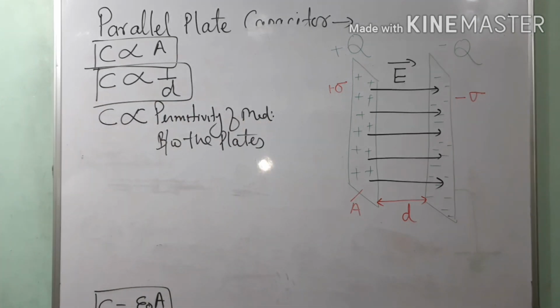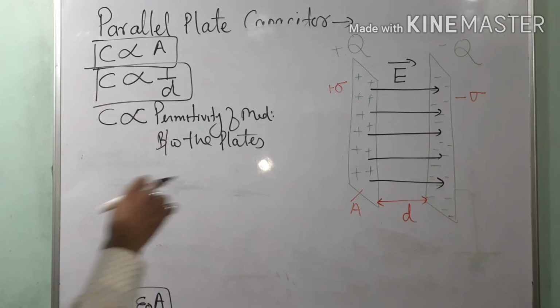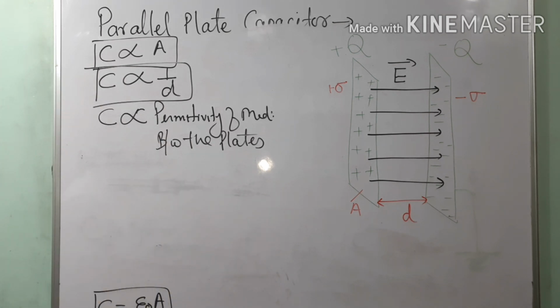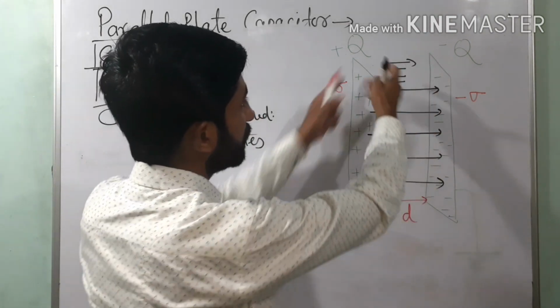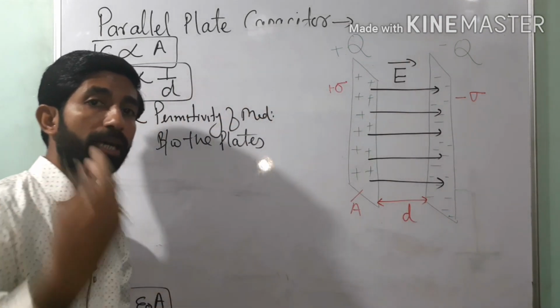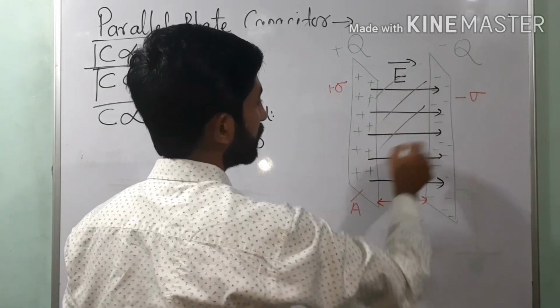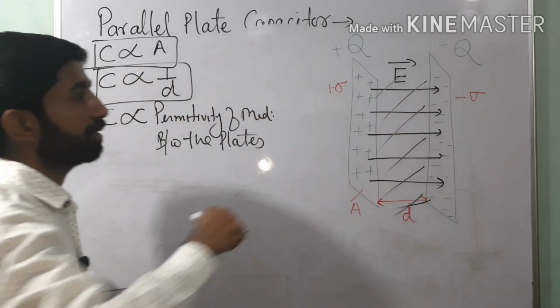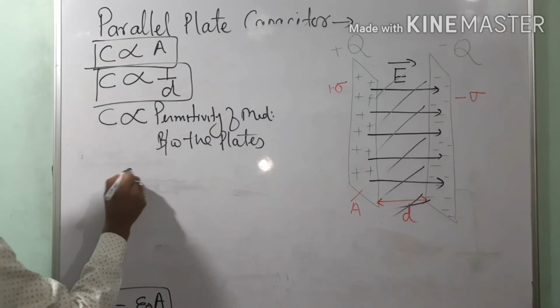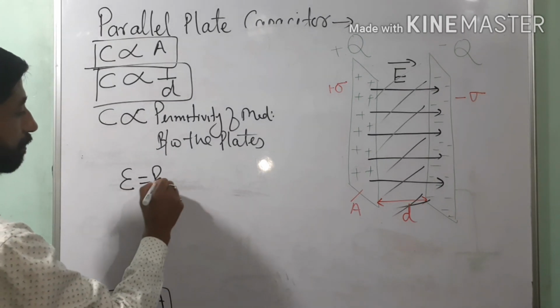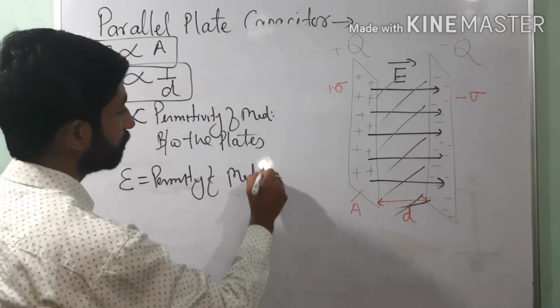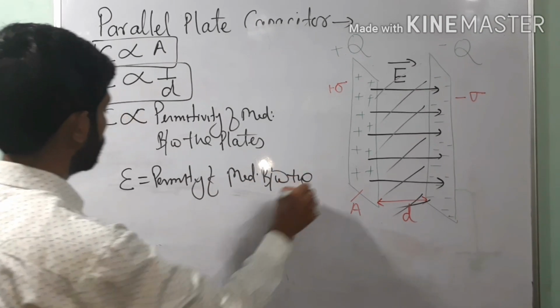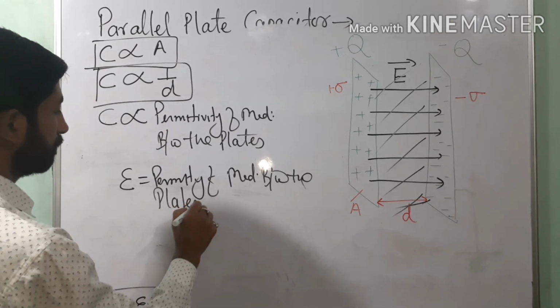plates. Now if I remove air or vacuum and then place another medium, then what its formula becomes? Suppose this region has been filled with some quantity of medium epsilon, that is the permittivity of the medium between the plates.